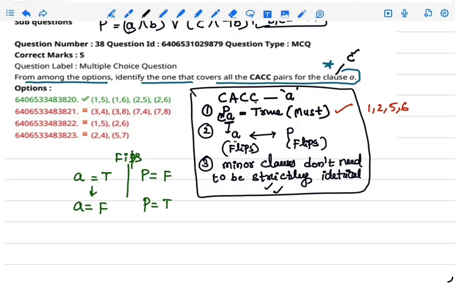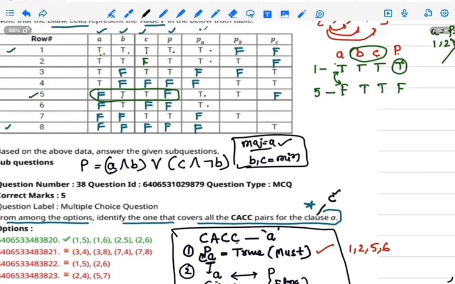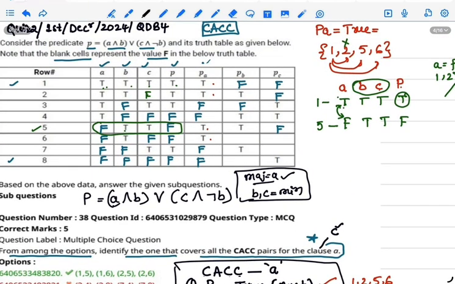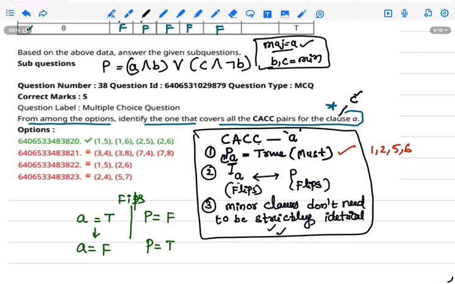In the same way, A flips and P also flips. Minor clauses do not matter; in 1 and 5 both are identical, true, true. So 1, 5 is a CACC pair.